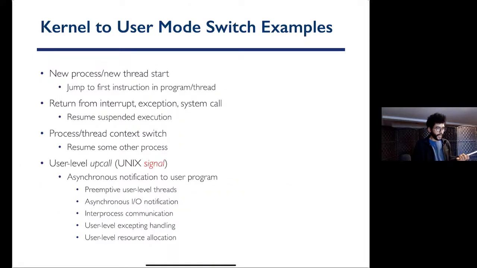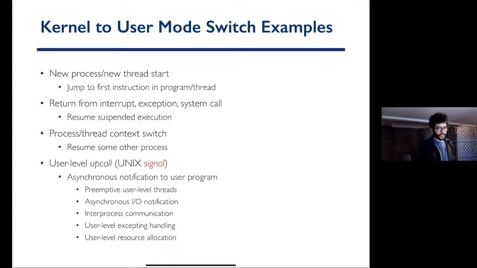So finally, we've talked about going from kernel to user. Now let's talk about user to kernel. There are a bunch of things that could trigger this kernel to user switch. For example, if you want to go back from an interrupt, or if you want to go back from an exception, or if you have created a new process and you want to now start running it. These are all going from kernel to user mode.